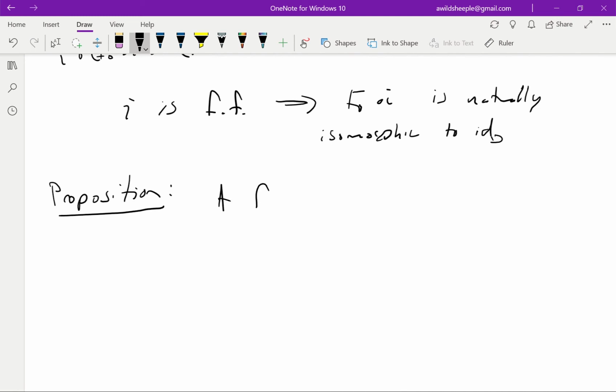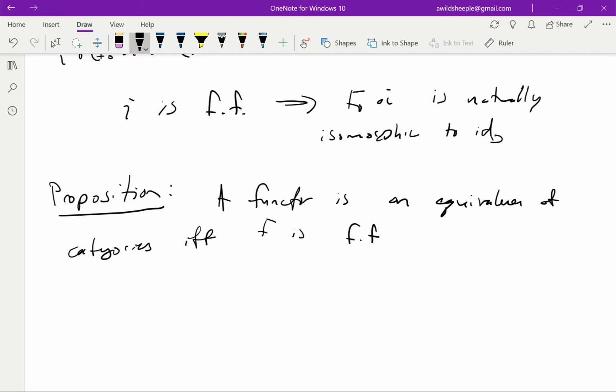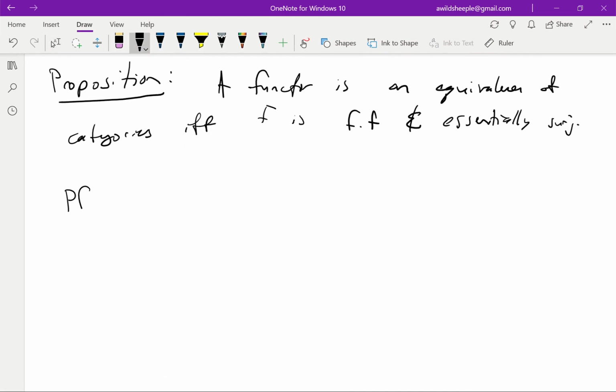A functor f is an equivalence of categories if and only if f is fully faithful and essentially surjective. Okay, so to do this, notice first that, actually, let me scroll down before I start talking proof.